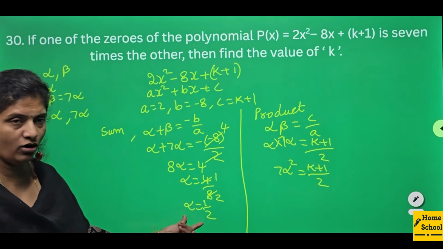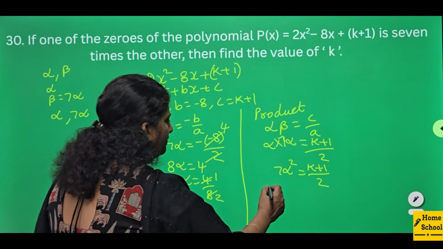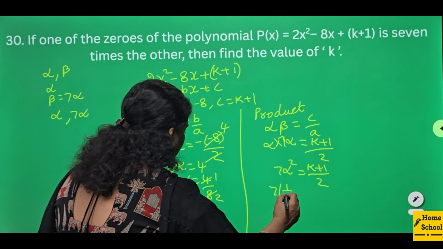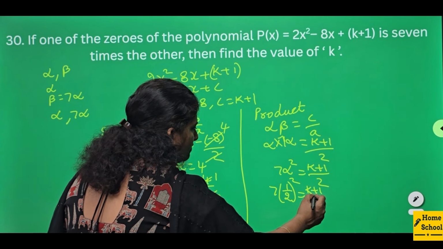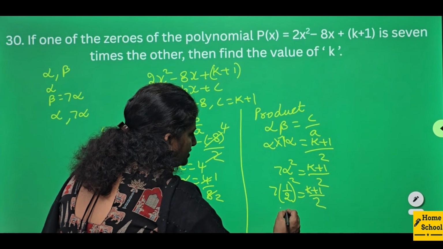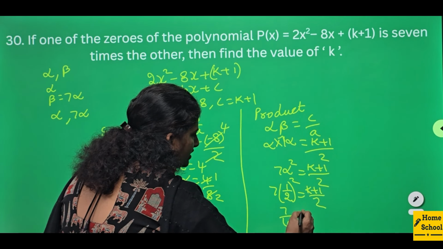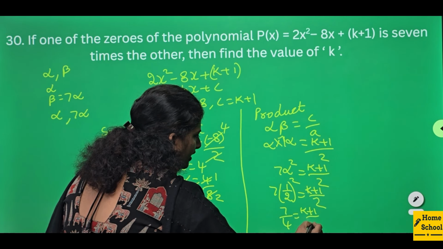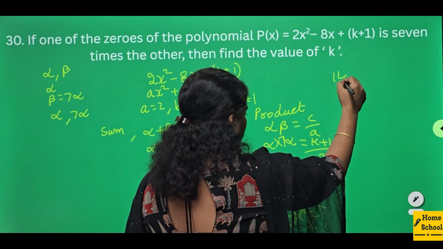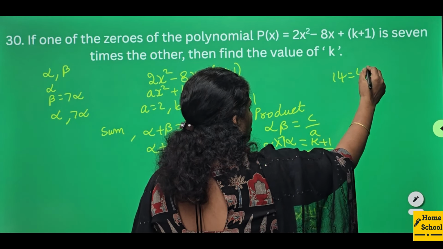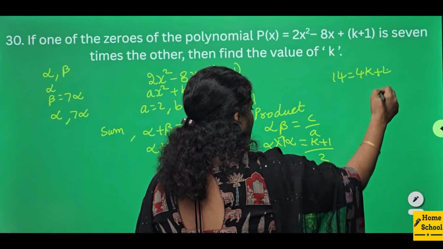But here I got the alpha value. Substitute there. 7 into 1 by 2 whole square is equal to K plus 1 by 2. 7 by 4 is equal to K plus 1 by 2. Cross multiply. 7 2s are 14 is equal to 4K plus 4.